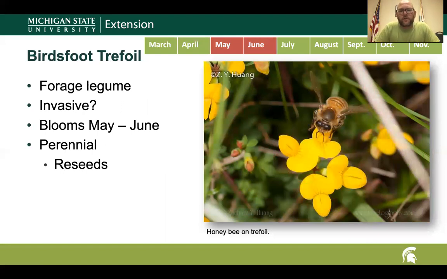Bird's foot trefoil. This is a really interesting plant that has a very interesting relationship depending on what state you're in. It is a forage legume. It was introduced into the United States because it grows really well on poor soils. So in areas like the UP, where we have some areas that are real rocky, just not nutrient-rich soils, this will grow very readily, and it's a good forage for livestock.